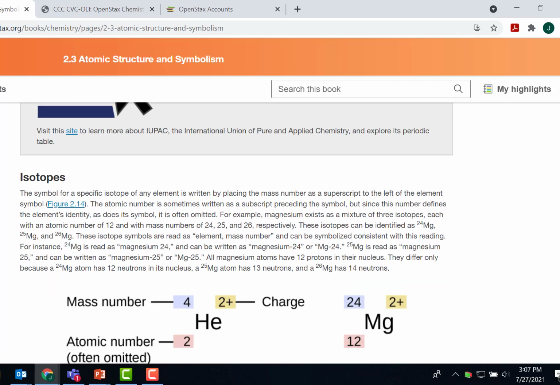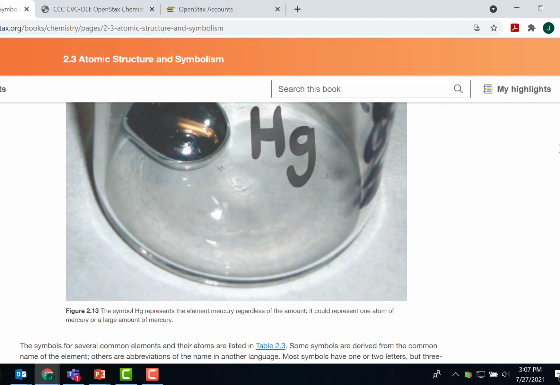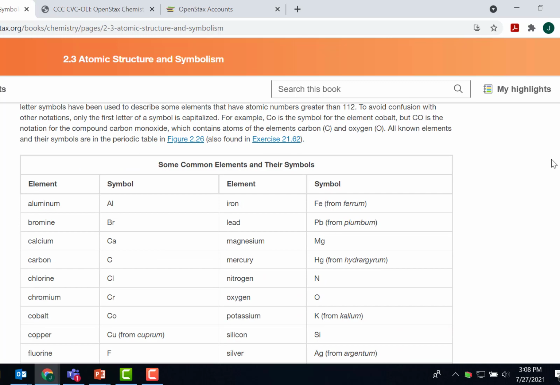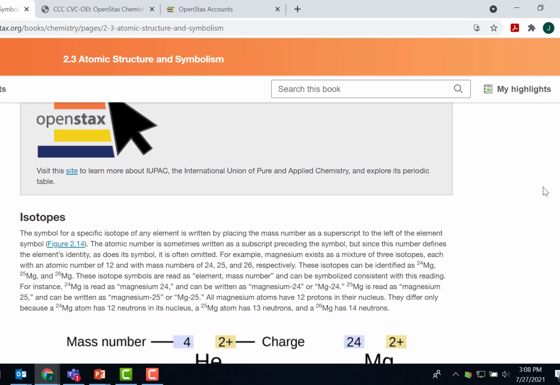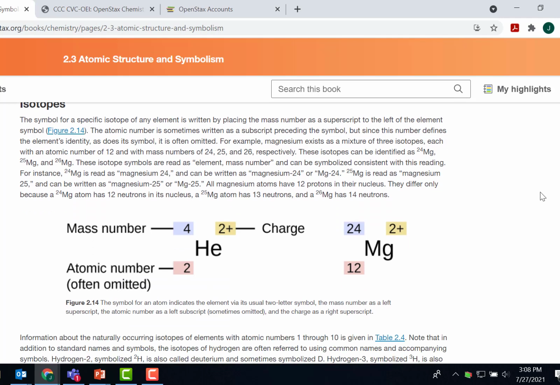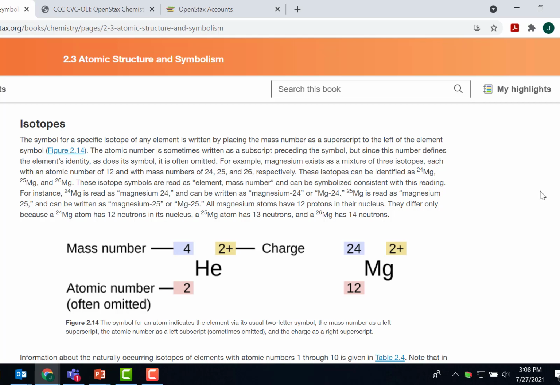So in terms of representing these chemical symbols, part of it is the symbol of the element. The other part of it is information about which particular particle you're looking at. When we do this, we're talking about isotopes. Isotopes are the same element, but they might not be exactly the same.